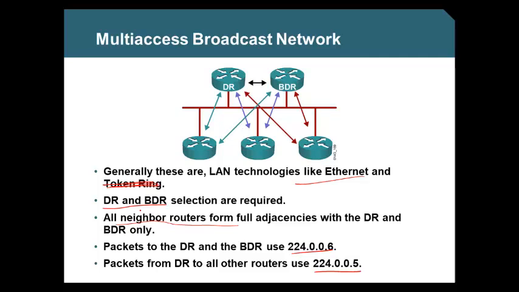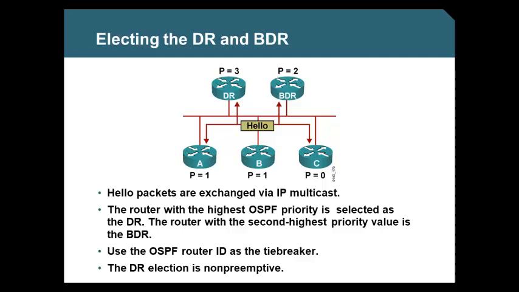As I said earlier, in the election process, first preference is given to priority. The default priority is 1. If all routers have the same priority, then there is a tie. The tiebreaker will be the router ID.